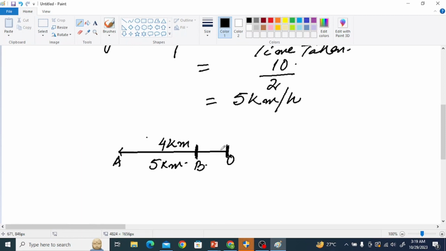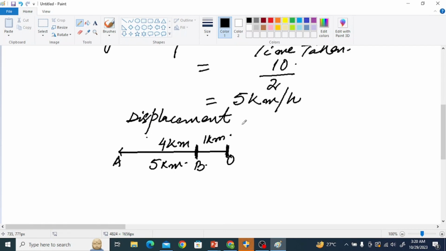So the net displacement from the starting of the journey till the end of the journey is OB, and obviously this is 1 kilometer. And because his final position is in the west, the displacement of the boy's journey is 1 kilometer.